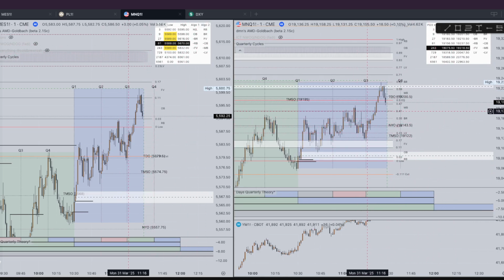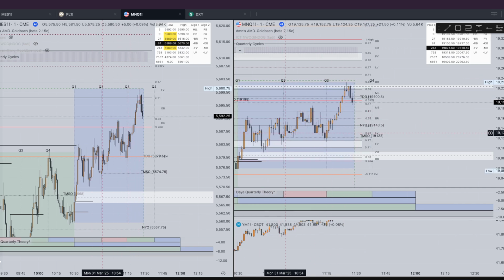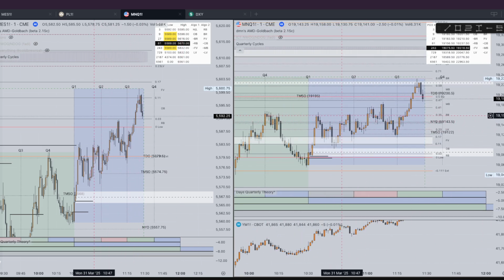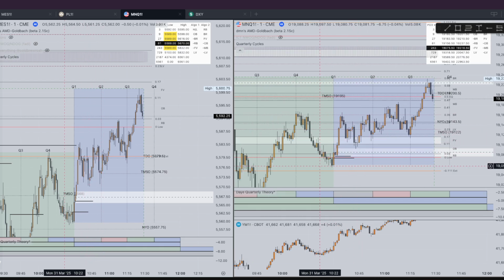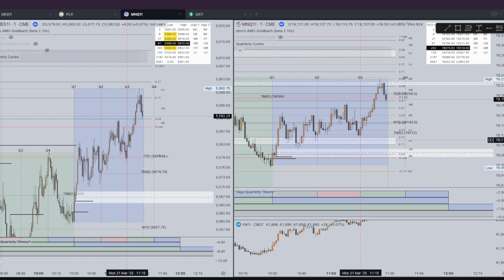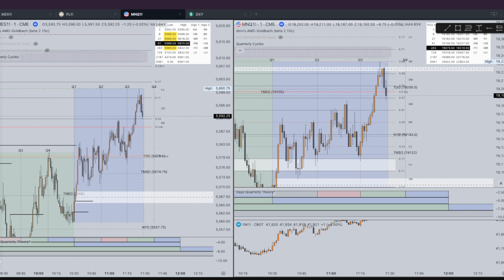So this macro entry, if you look at it that way, it happened over here when it tapped into this fair value gap, right? So if you're not already in the entry, if you waited for Q2 or Q3, always a good idea to enter in Q3. It came exactly there, and then you had this run.